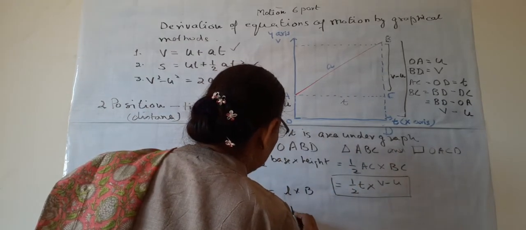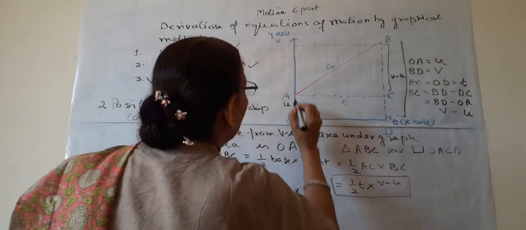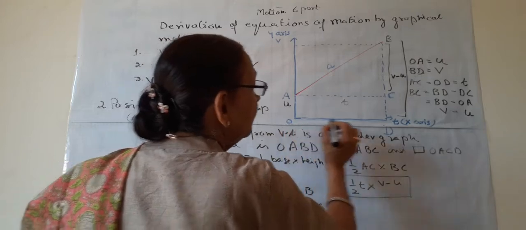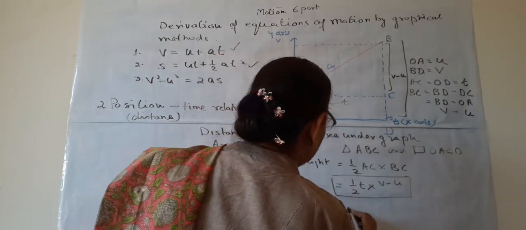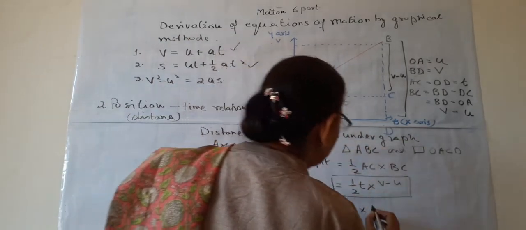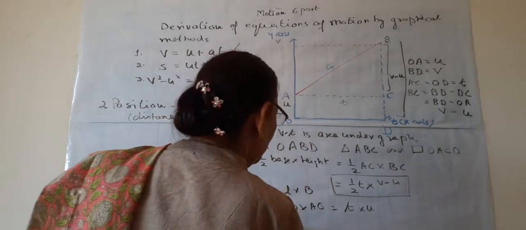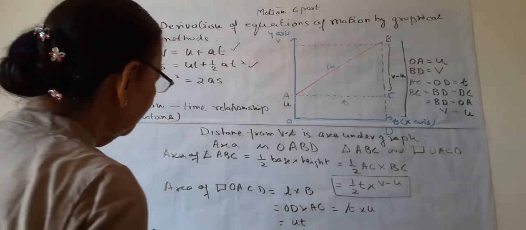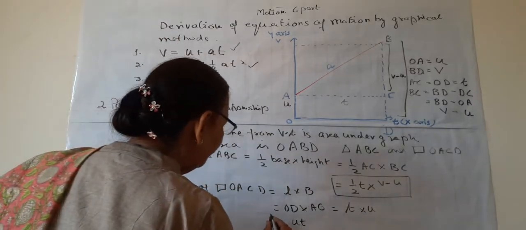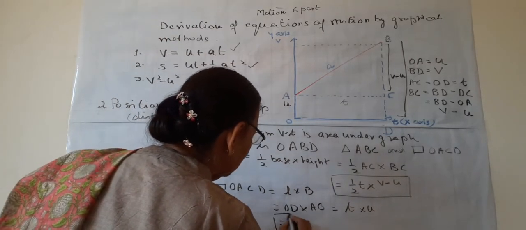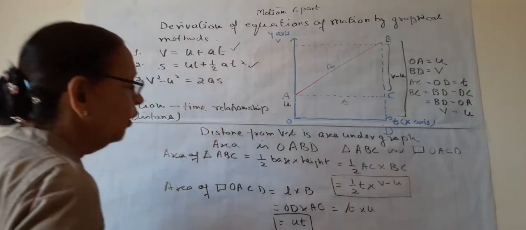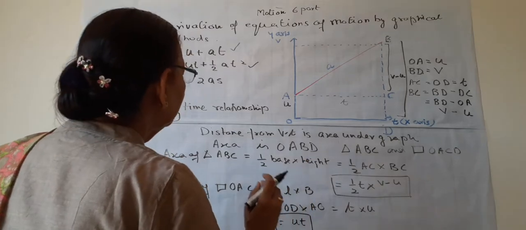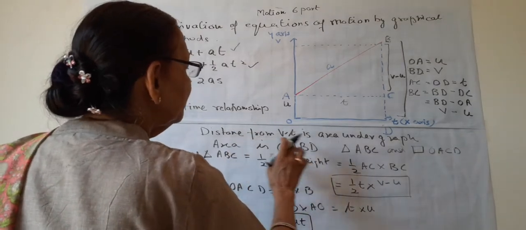OD is length, into height, which is AO. OD is T and AO is U. So we can write TU or UT, one and the same thing. So the area of this rectangle is UT.